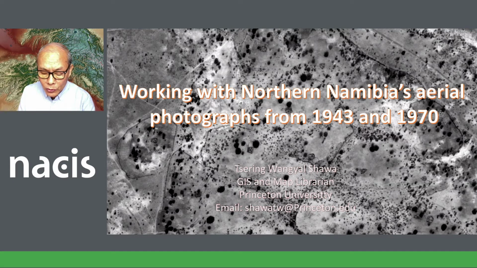After all the aerial photographs are orthomosaicked, we will test neural network and deep learning tools to extract features from the orthomosaicked images. So let me show you the workflow of how we have processed the aerial photographs from 1943 and the 1970s.